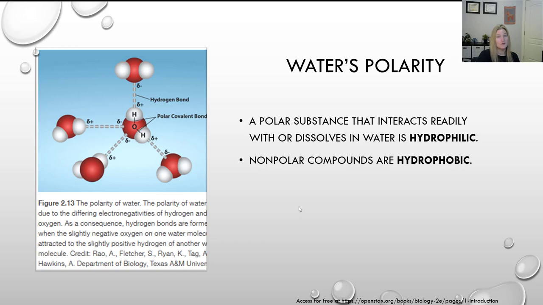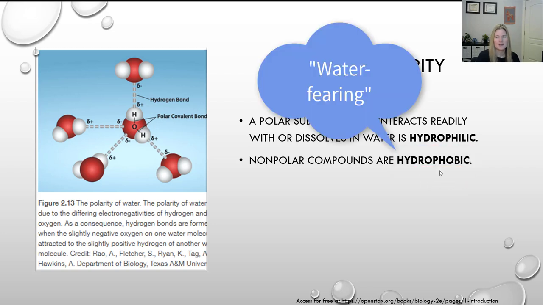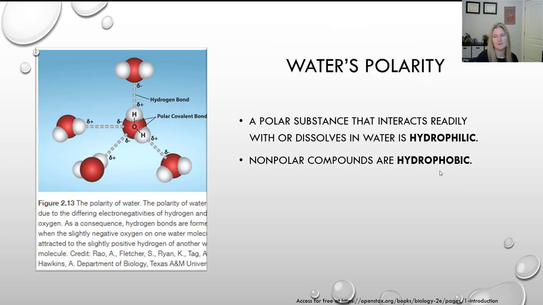If we're talking about non-polar molecules, where they form non-polar covalent bonds and equally share those electrons, they tend to not want to be around water. So they are hydrophobic. Hydro means water, phobic means fearing. So they stay away from it.